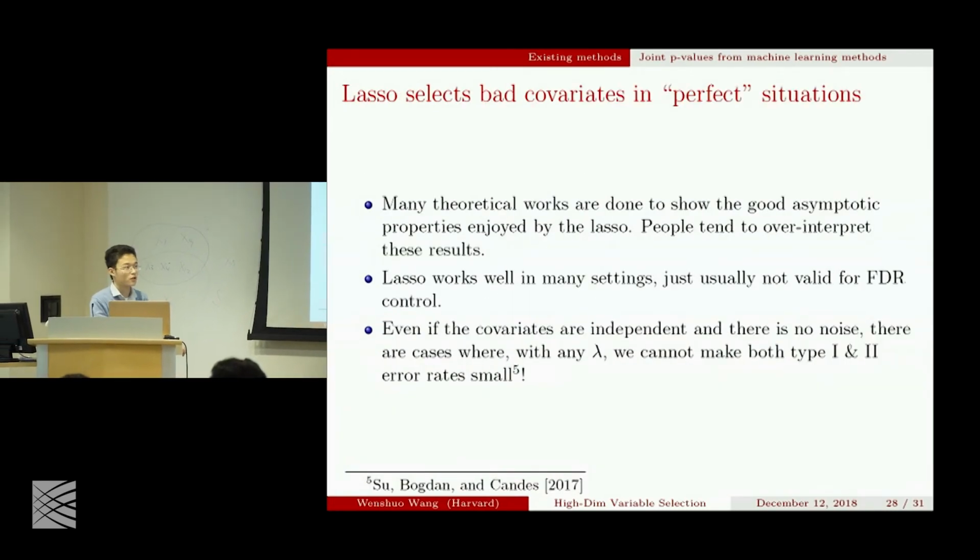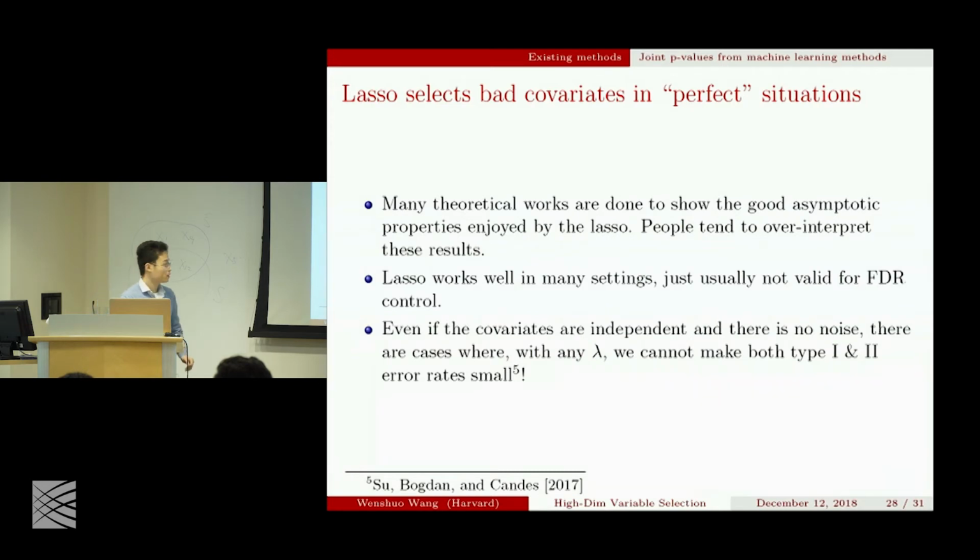And also, there's this more severe issue: there are a lot of asymptotically good properties of the lasso, but people tend to overinterpret them. It works well in a lot of settings, but it definitely does not control the FDR.